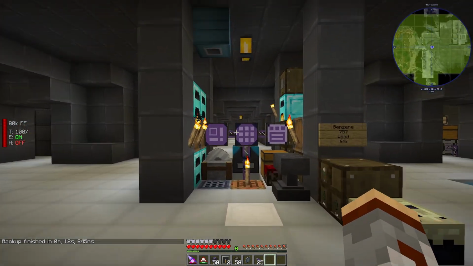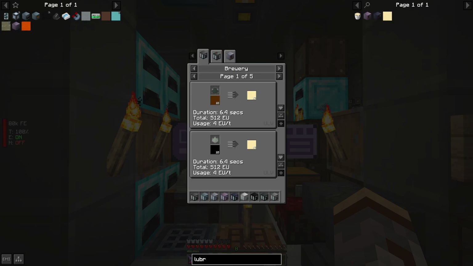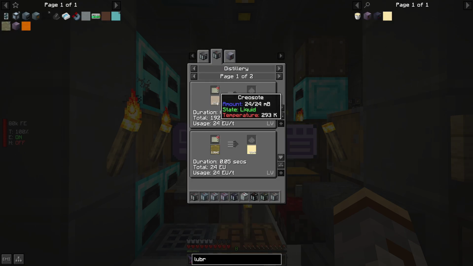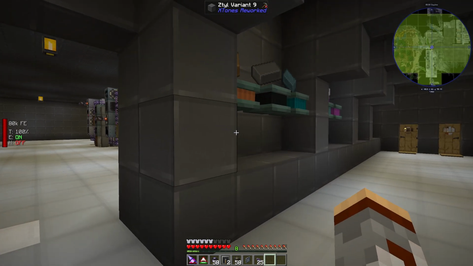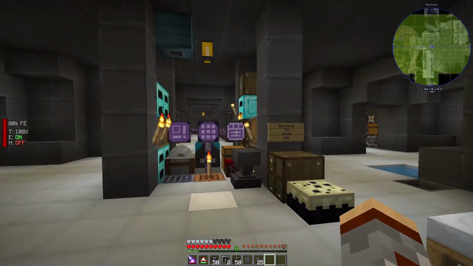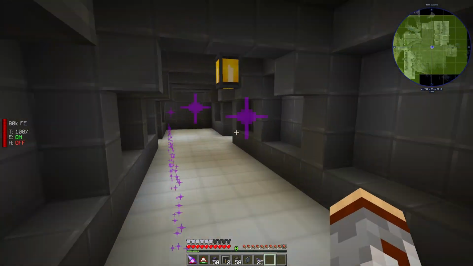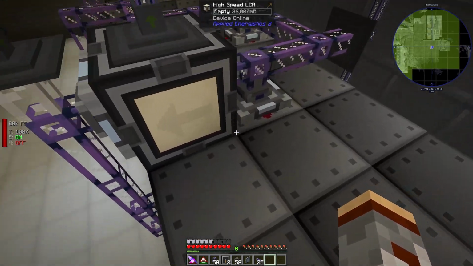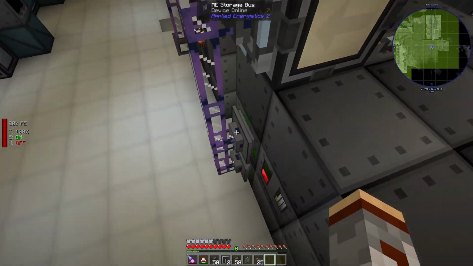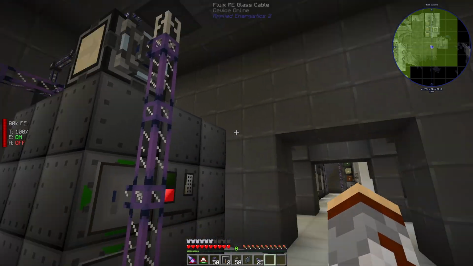I also want to upgrade the cutter to use lubricant, which we can make by distilling creosote, which we're making a buttload of right now. I did upgrade the LCR that we have right here with the quadruple hatches. So that should be able to handle multiple fluids now, which is great.